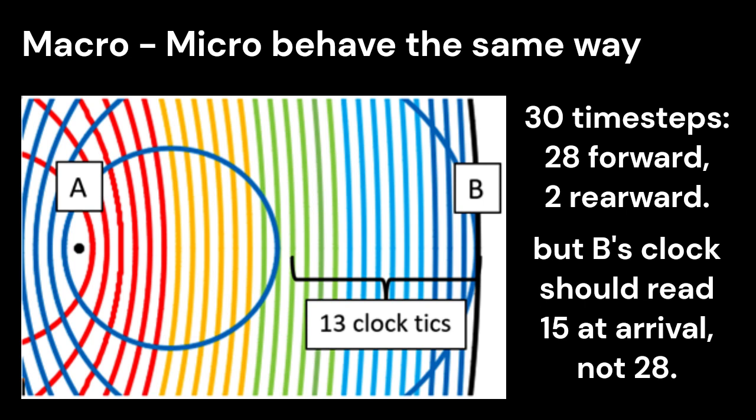So clock B should be set to 15 to be synchronized, which means if clock B said 28, it has to dial it back 13 ticks so that it reads 15. So that's where we left it off last time, and we'll talk about this a little more.